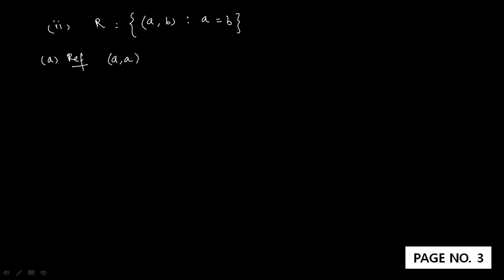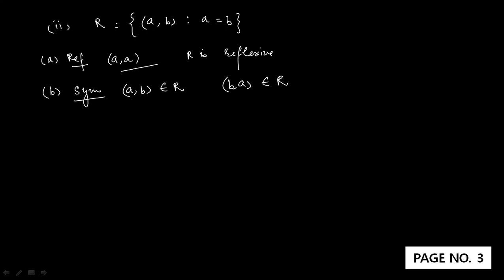First part, because A is equal to B, it means R is reflexive. Now what about the second part? If I am writing about the second part, that is symmetric, (A, B) belongs to R. Now what about (B, A)? (B, A) also belongs to R because A is equal to B. It means R is symmetric.